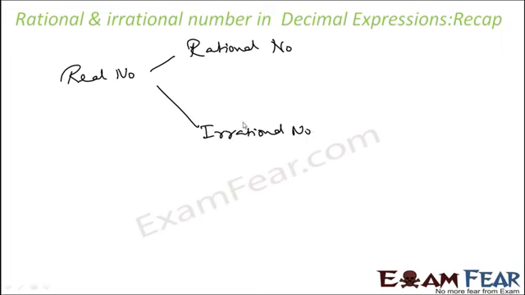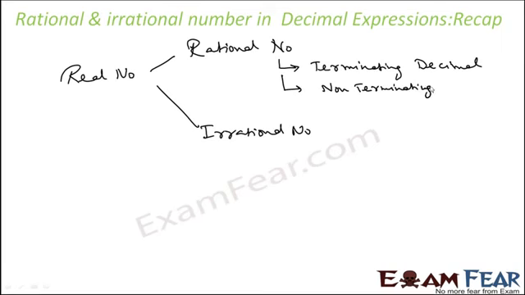Okay, so as far as decimal expression is concerned, rational numbers will either be a terminating decimal, or it will be non-terminating but repeating. If you talk about irrational numbers, there is only one option, that is non-terminating and non-repeating.